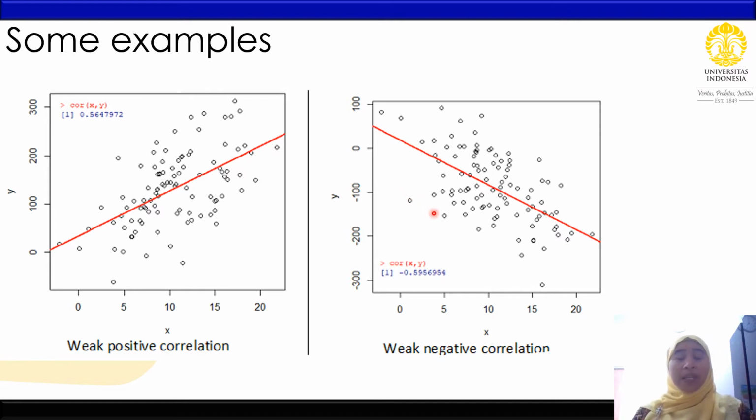However, because the points are scattered quite wide, not concentrated really on the line, we say that these are weak correlations. When the line has a positive slope, then it is a positive correlation, and on the opposite, it's a negative correlation when the line has a negative slope.